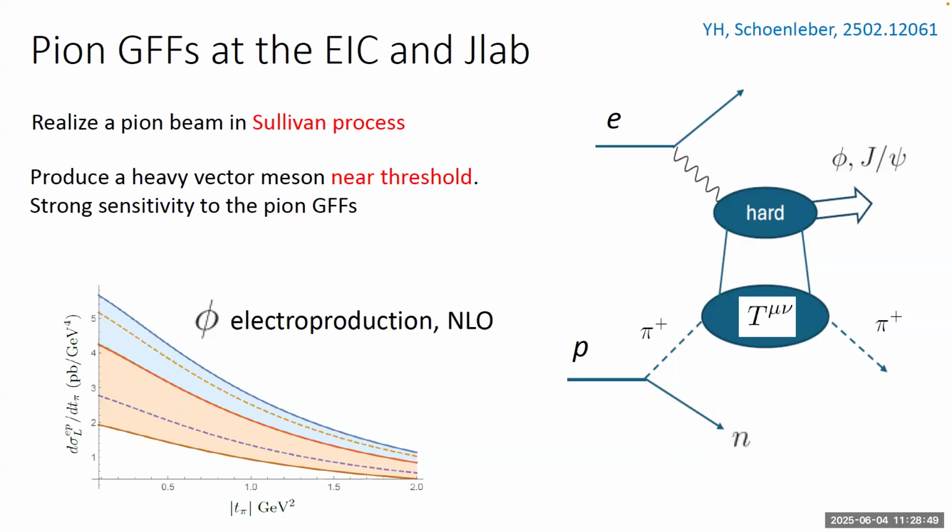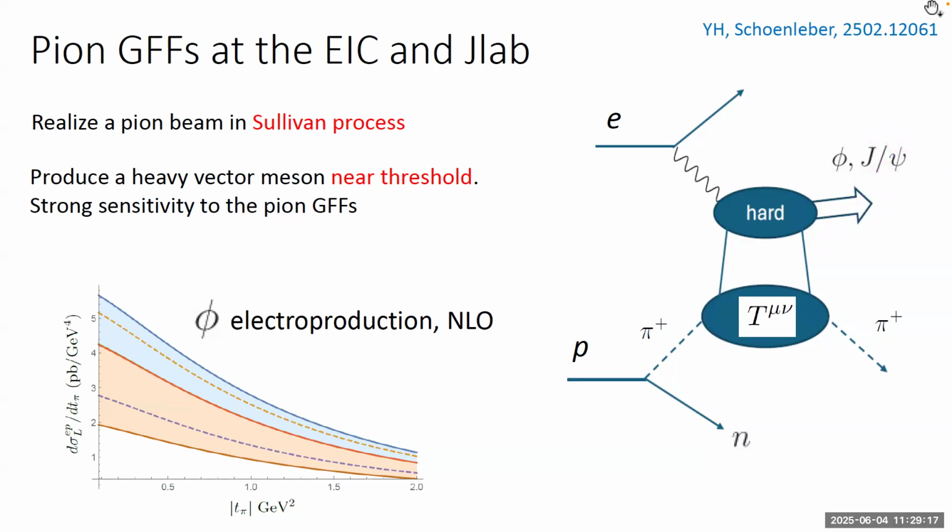Your question? Yes, for any J/psi that you measure, would it be coming from this channel, or what is the experimental signature of the phi that you're talking about? Yeah, the experimental signature is that the J/psi decays into lepton pairs.